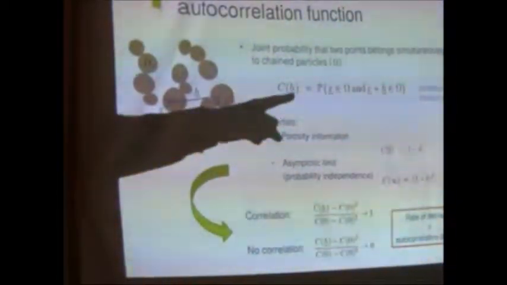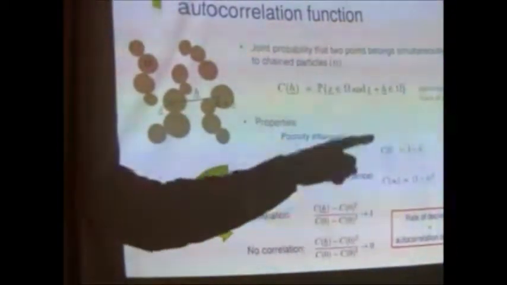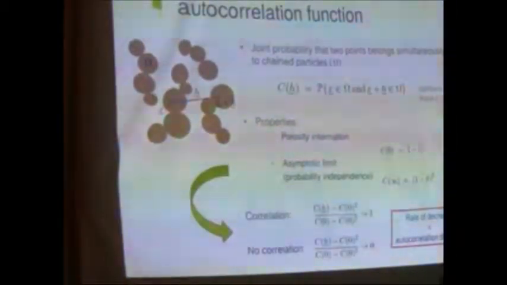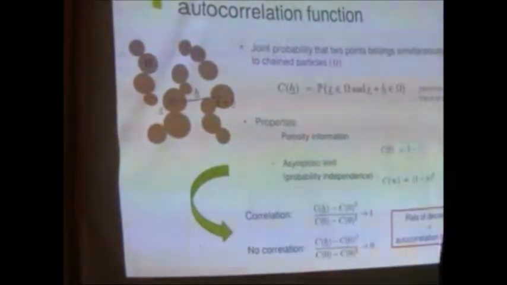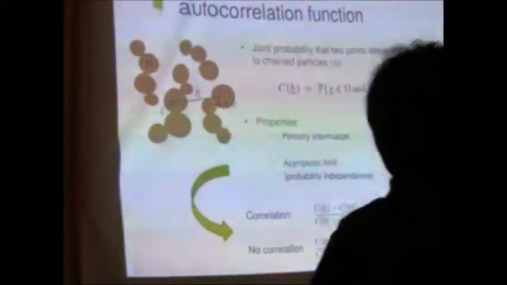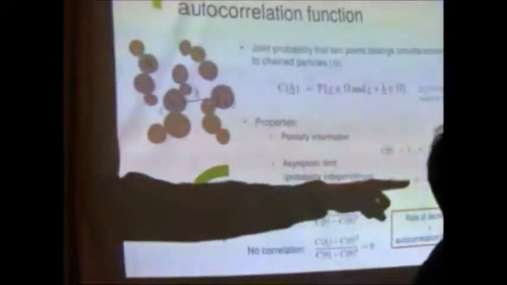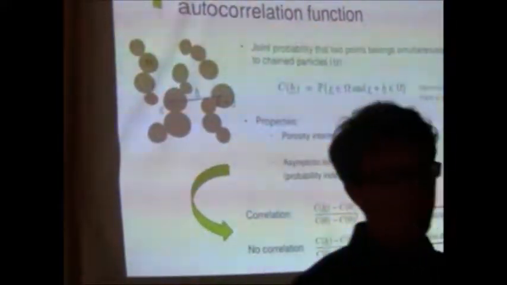If the vector h is equal to 0, then you get the compacity of your medium. And if this vector h goes to infinity, if we assume that we have finite correlation in our model, because of probability independence, you should recover the compacity squared.